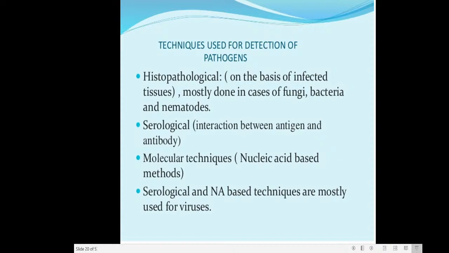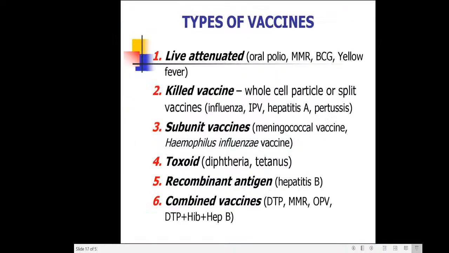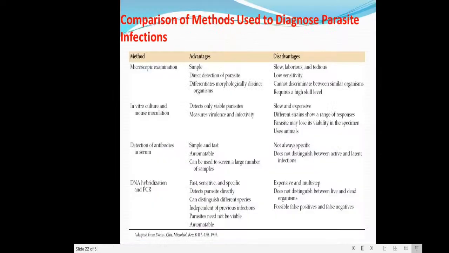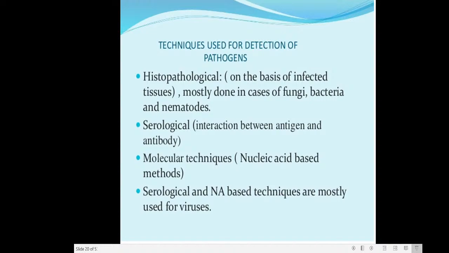Now the detection techniques. After the types of vaccines, that concept is the detection techniques. In medical terms, detection includes histopathological, serological, and molecular techniques, and these three techniques are helpful for medical diagnosis.